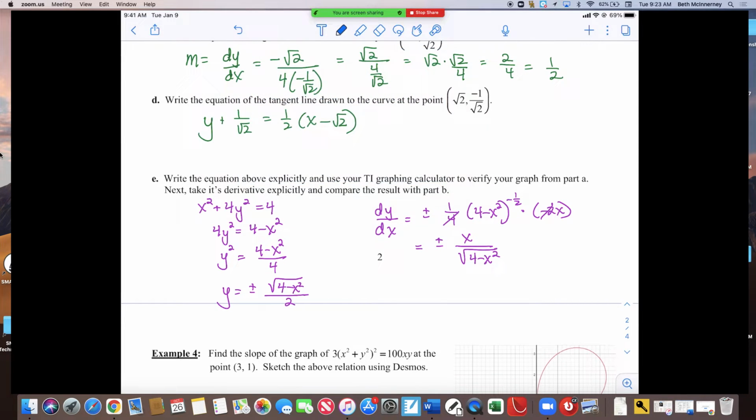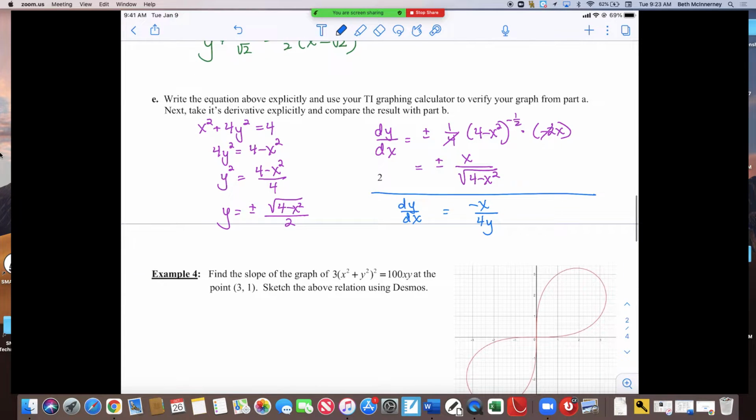Now, let me go back up to what we had. We said dy/dx equaled negative x over 4y. Now watch this. This is super cool. We know what y is, right? y was plus or minus the square root of 4 minus x squared over 2.